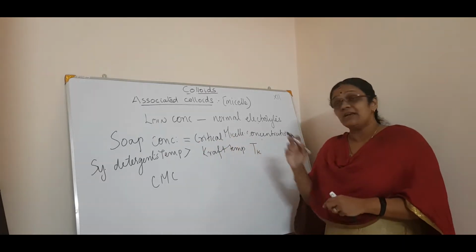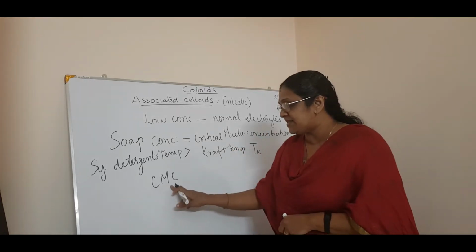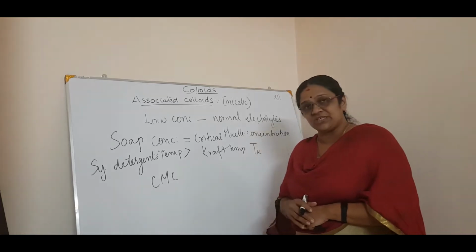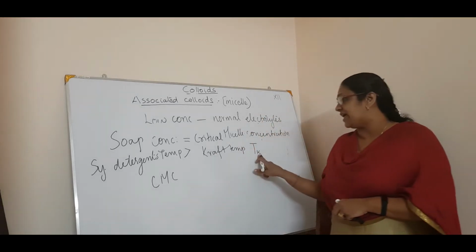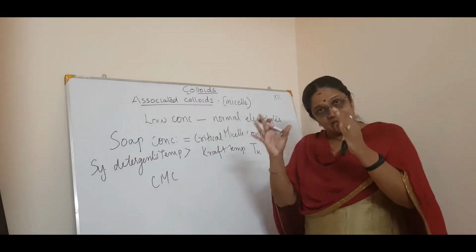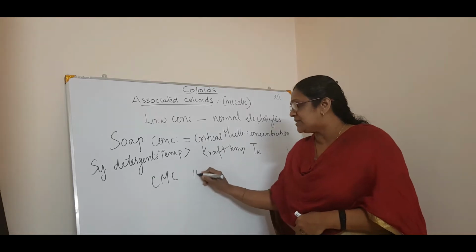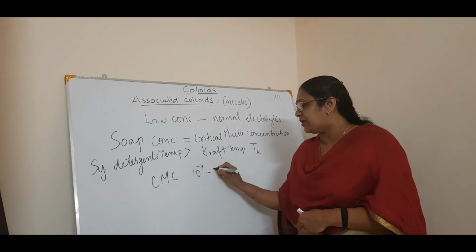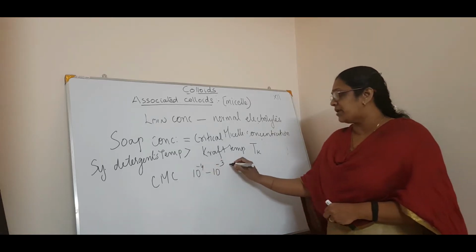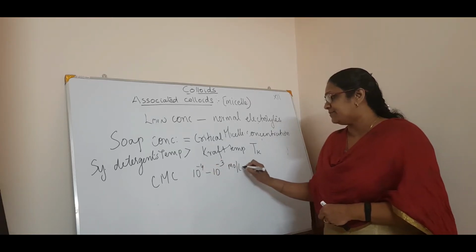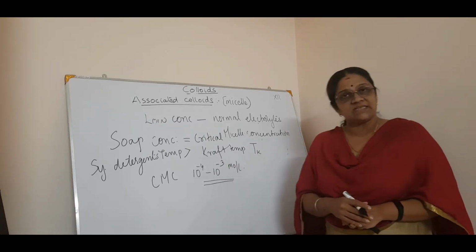So CMC is critical micelle concentration, and the temperature must be above the Kraft temperature, Tk. Then only an aggregation or micelle is formed. The CMC of soap is approximately in the range of 10^-4 to 10^-3 mole per liter.